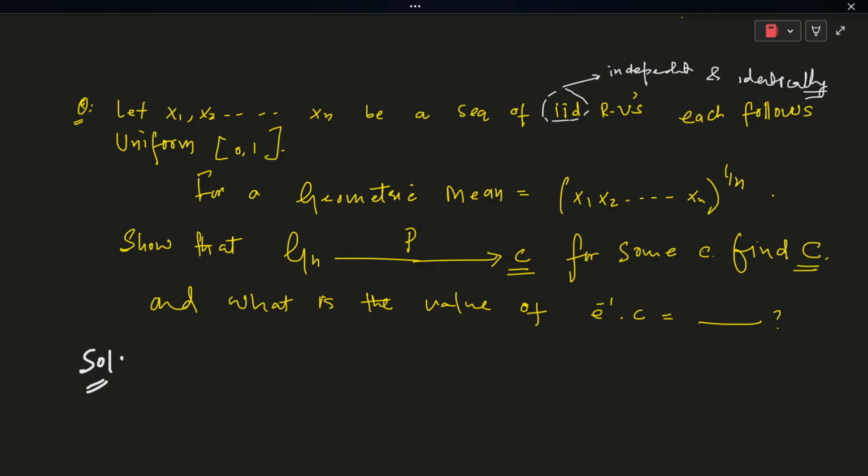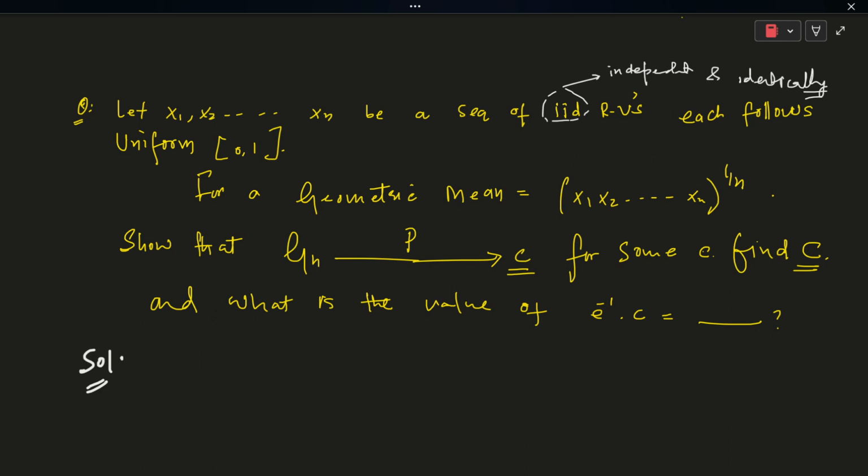These random variables are independent, and the distribution of x1, the distribution of x2, the distribution of x3 up to the distribution of xn will remain the same, that's uniform 0, 1, which is identically distributed.